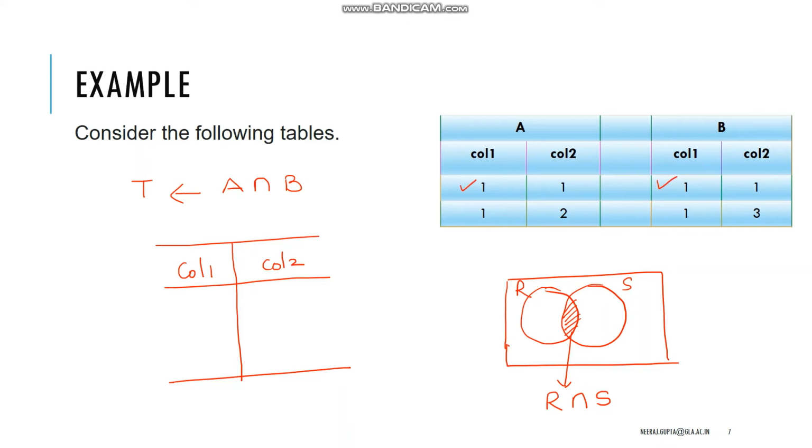So in the resultant relation T we have only 1 1 because they are common.